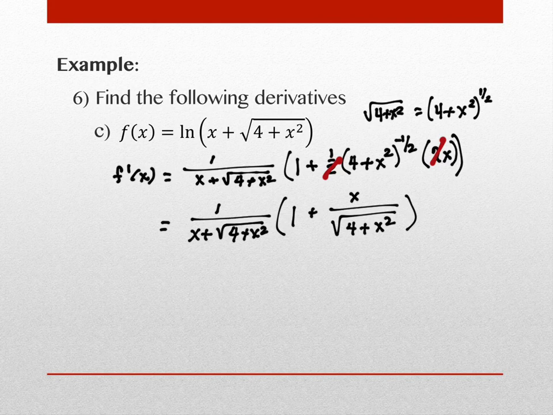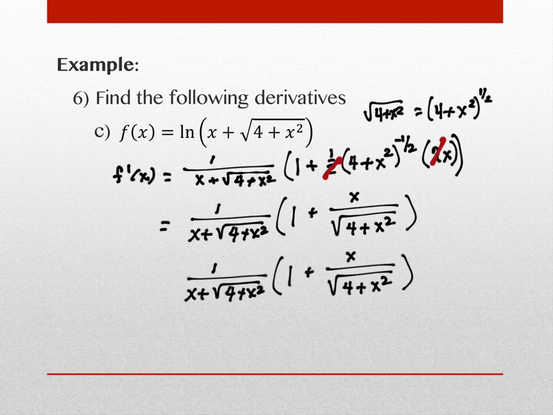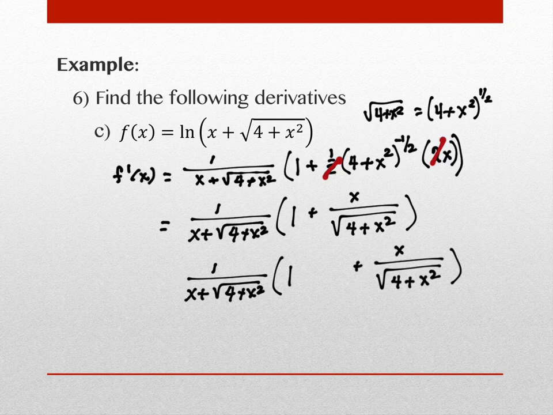Something really cool is about to happen. Something lovely, unexpected perhaps. I'm going to get that part that's in parentheses to have the same denominator, but its denominator clearly needs to be pretty much the same thing it already is, right? So this denominator is going to be the same thing, square root of 4 plus x squared, which gives me the numerator 4 plus x squared.